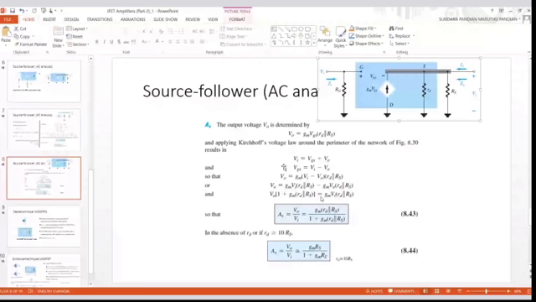For the input voltage, the voltage drop across this resistor RG here is VI.